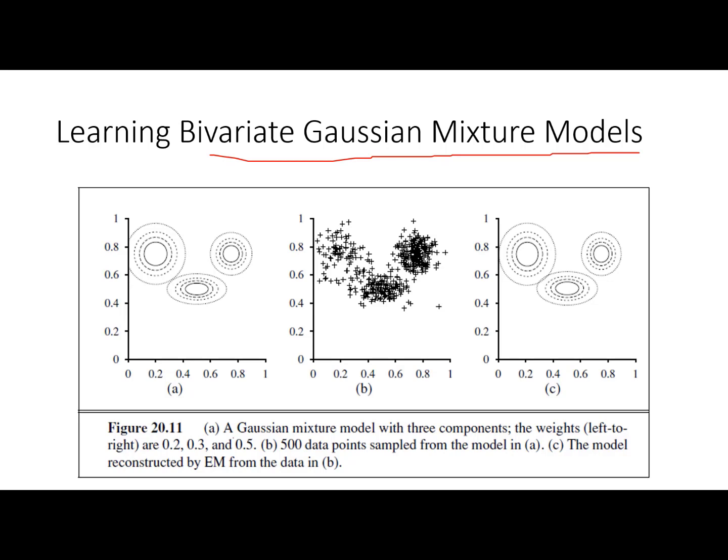But just so that you know, this is figure 20.11, and so we're given our two-dimensional data points and we wish to fit 3 Gaussian clusters to these data points, and these are shown over here.